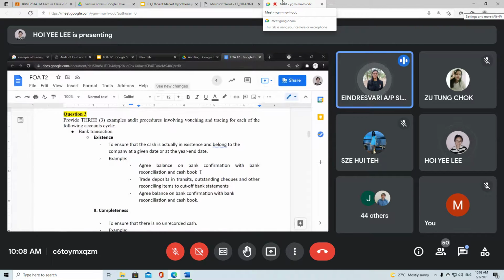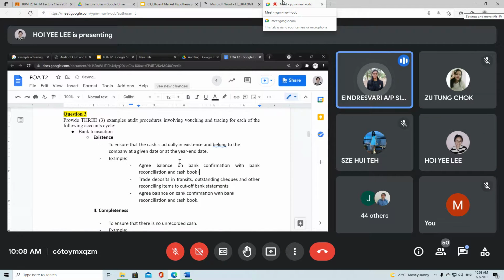Bank reconciliation and cash flow. That is accounting record. Source document? Bank confirmation. Okay. So is this vouching or tracing? Vouching. Okay. First one is vouching.